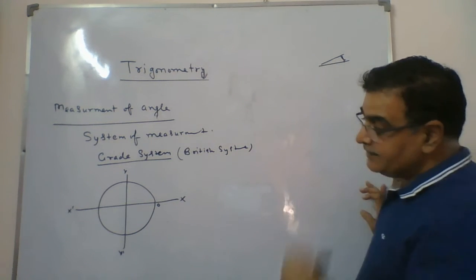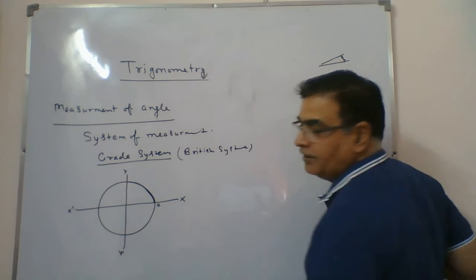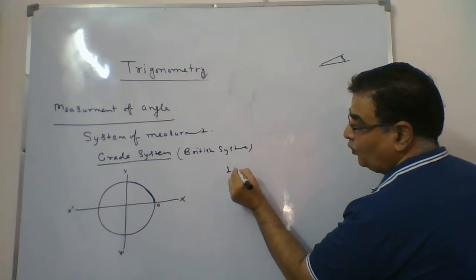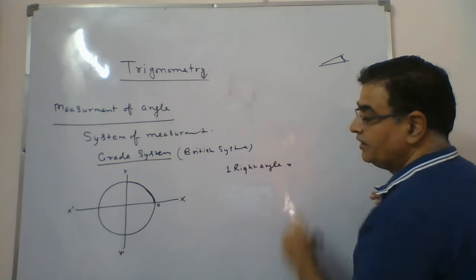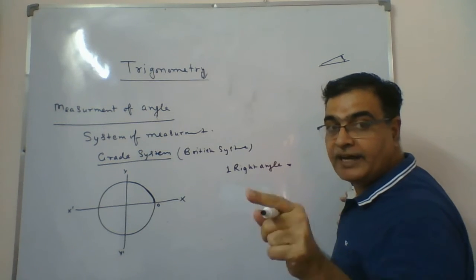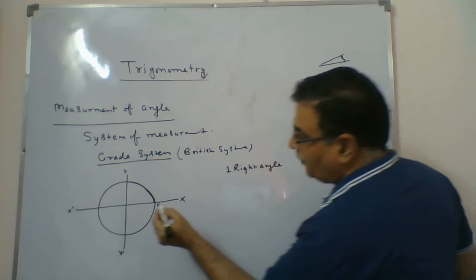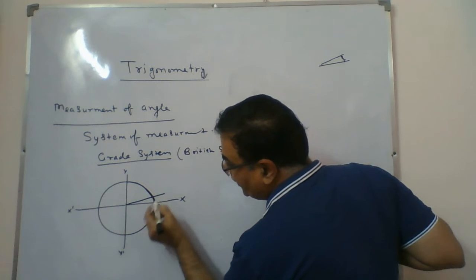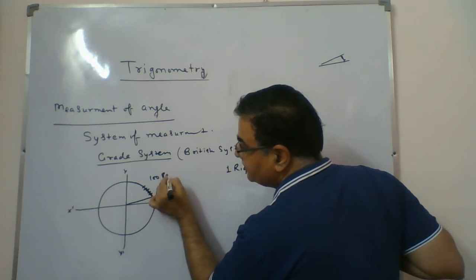In this case, they have divided each right angle, that is one right angle, into 100 equal parts. In place of 90, now they are dividing into 100 equal parts.